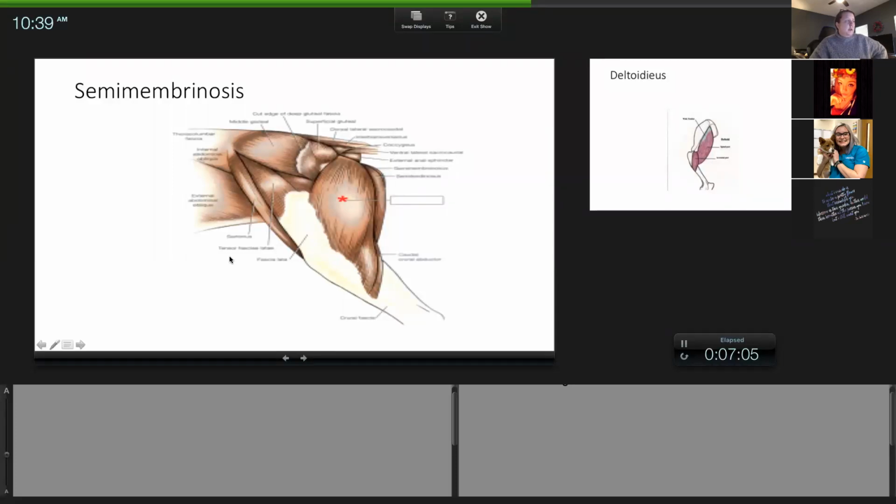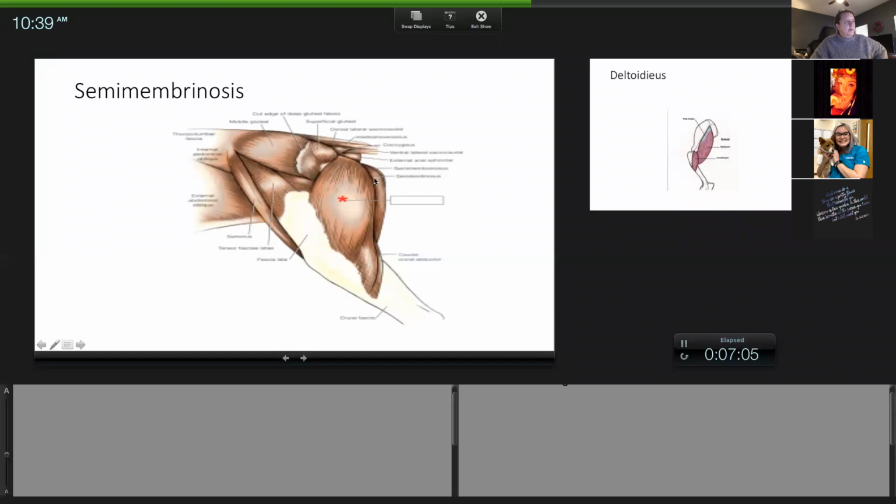But we've got our sartorius here. We've got our biceps on the outside. But what I'm talking about back here, you have the semimembranosus and semitendinosus. And I'm sorry that that's so faint. I tried to clean that up when I made this, but it didn't work very well.